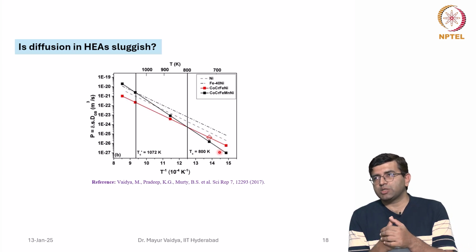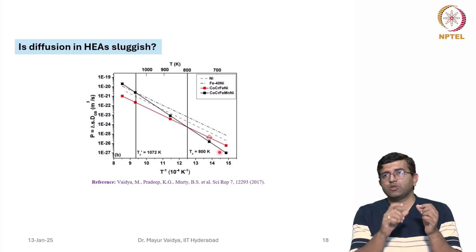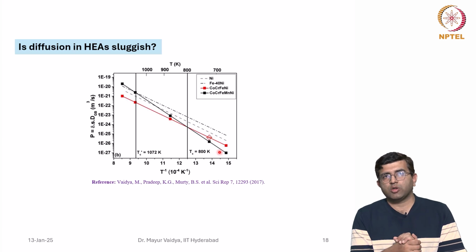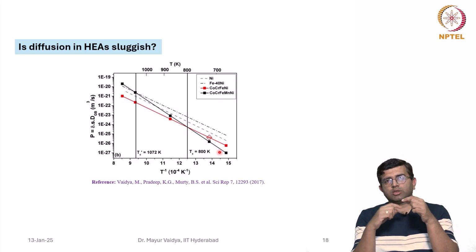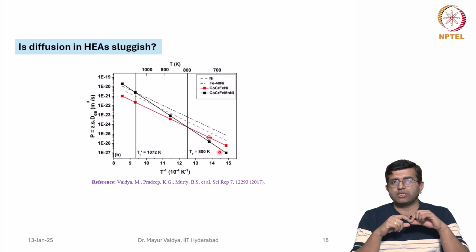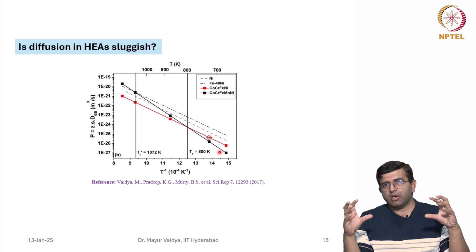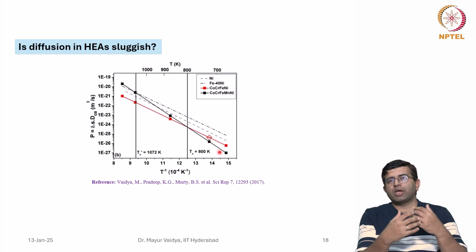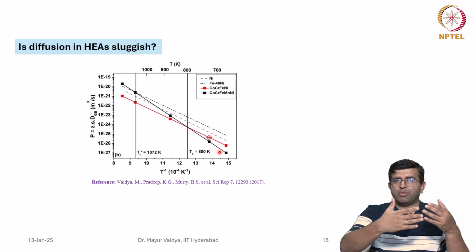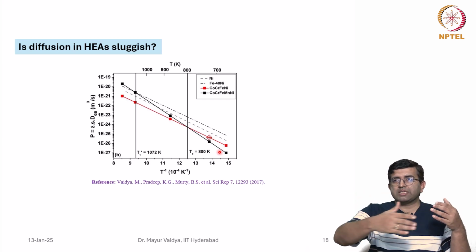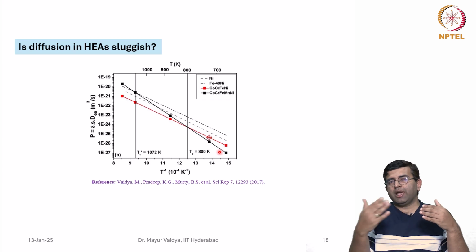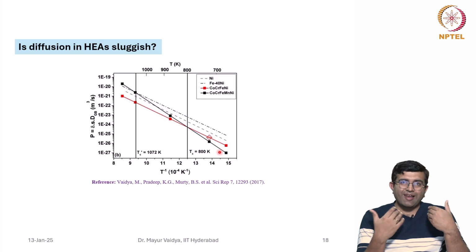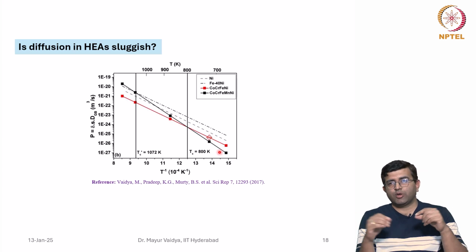So it is not just the number of elements, but the type of elements also plays an important role, and hence the studies so far suggest that sluggish diffusion in high entropy alloys cannot be used as a blanket term. You cannot say that if I increase the number of elements from 1 to 6, the diffusivities necessarily will come down. Yes, you may have a change in the diffusivities, but it will depend upon what elements you are adding rather than only the number of elements.